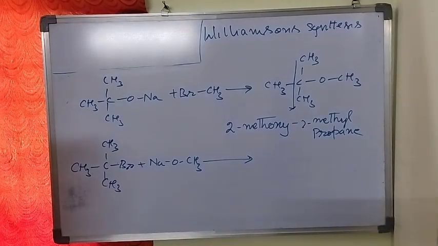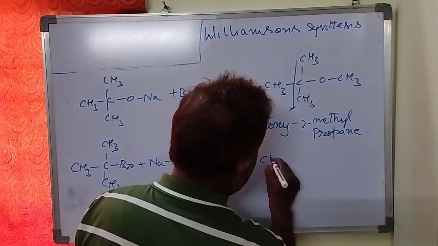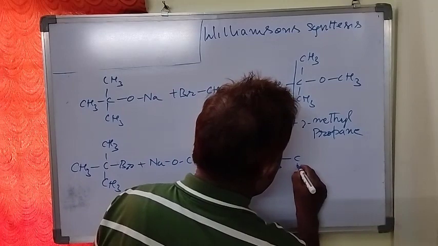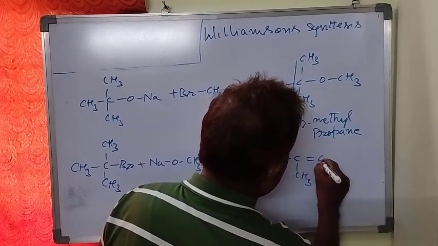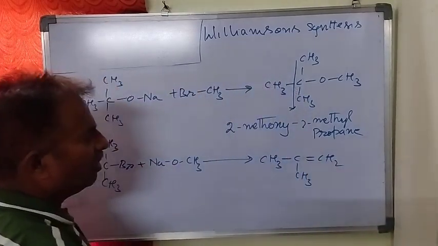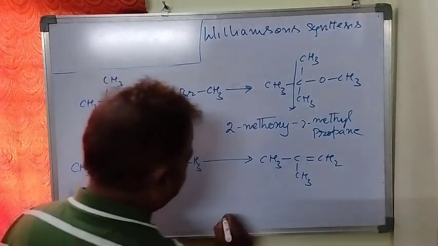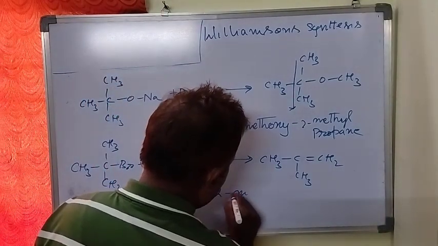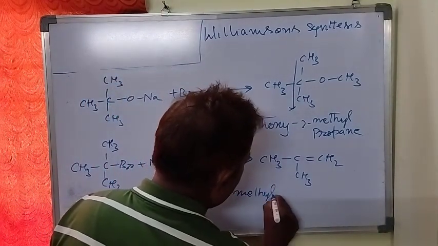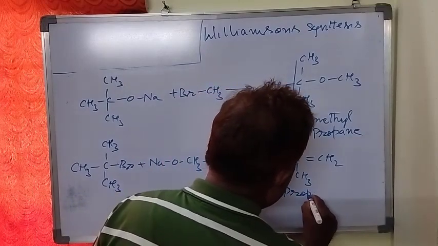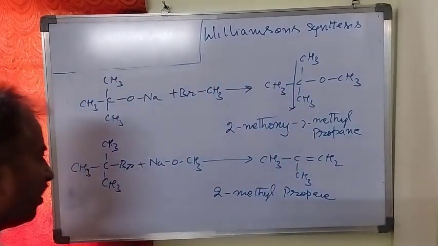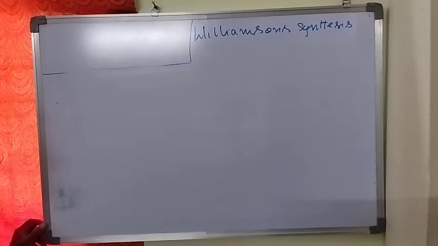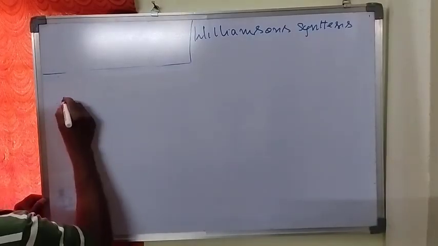Elimination takes place instead of forming the ether. Therefore we get (CH3)2C=CH2. This is 2-methylpropene. Now let us see the reaction involving phenoxide.